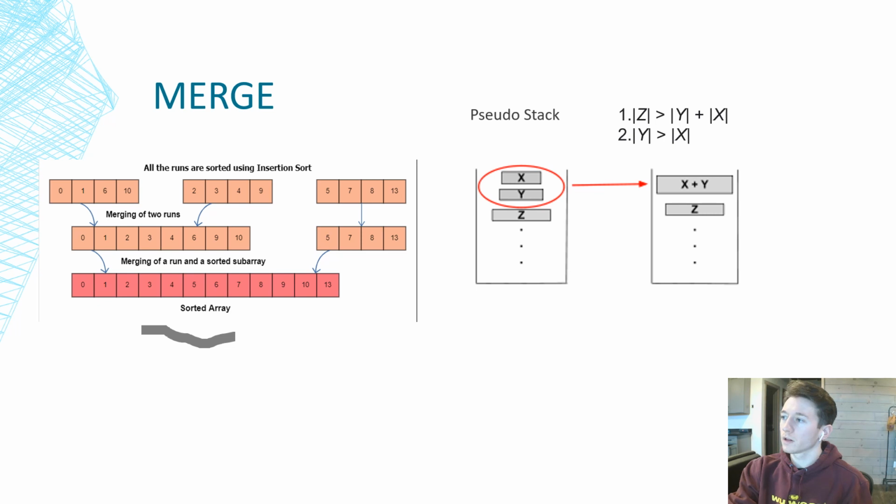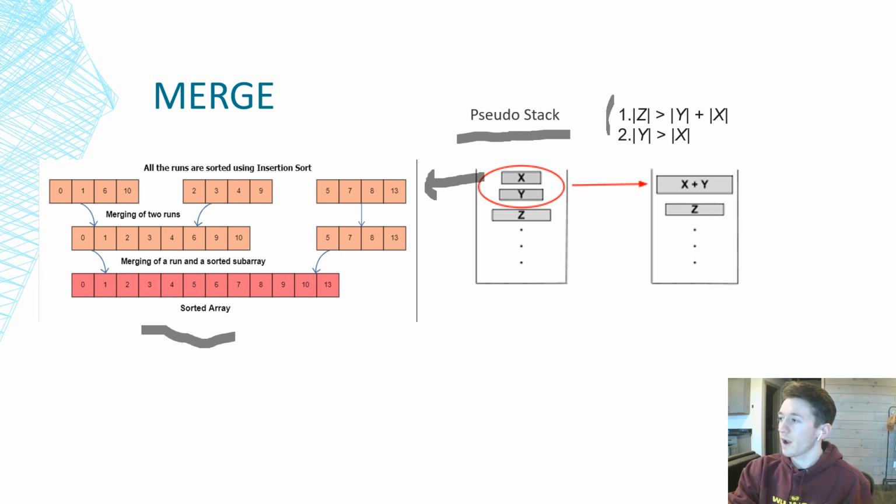But to do so, we're going to use a pseudo stack. I'm calling it a pseudo stack because we're actually accessing the top 3 elements of our stack, compared to a normal stack where we only access the top element. In this pseudo stack, we're storing references to our runs, but essentially we're just storing the runs. What we're doing is maintaining balanced merges, and balanced merges optimize the merge functionality. We're also maintaining stability, which is of course very important with real-world data, or can be.